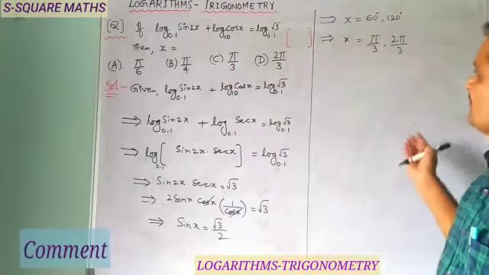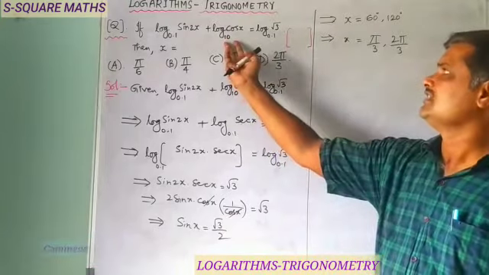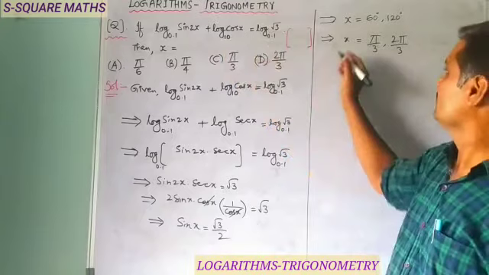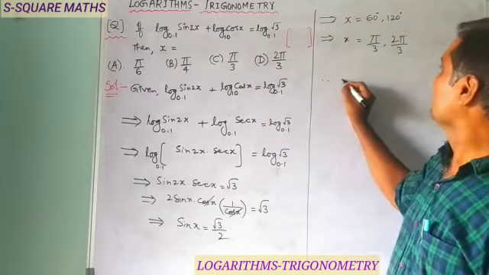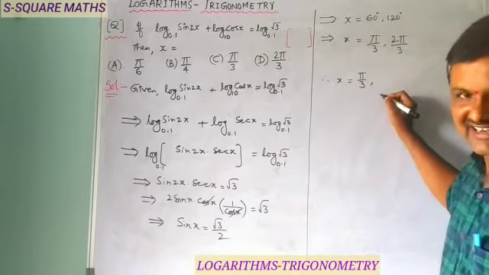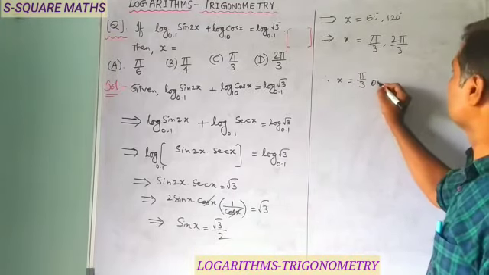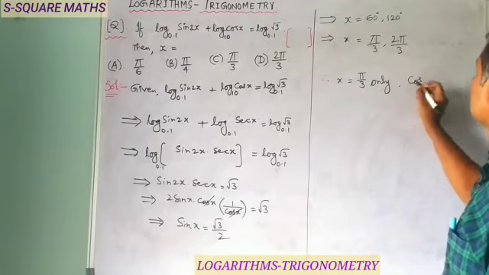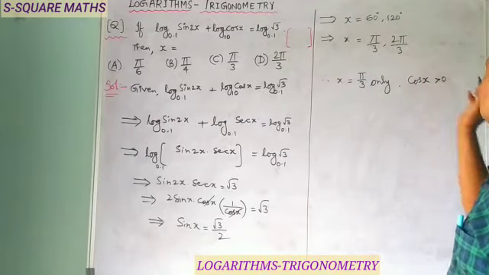Our options again have pi by 3 and 2 pi by 3. So if you observe carefully, in the second term we have log of cos x to the base 10. Therefore I have only x is equal to pi by 3, because cos x must be positive here.